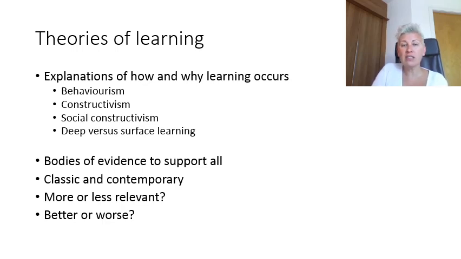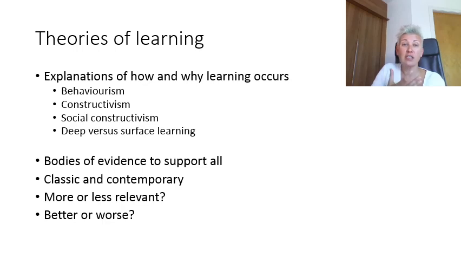In my research, then, I have to work out which of these theories is most relevant, which makes more sense in the context of the research that I'm doing or the questions that I'm asking, which seem less relevant. Is there a way in which I can say that one theory or another is better or worse than another? Every project will be different.